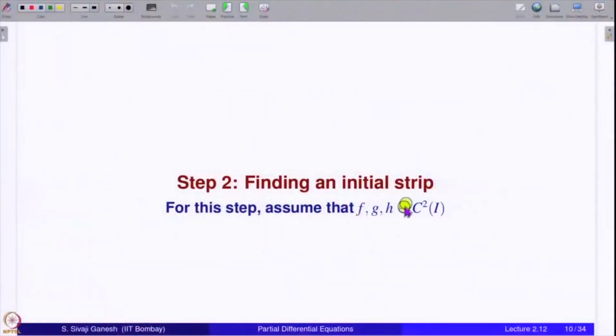Assuming F, G, H is C1 is somewhat reasonable, C2 is too much, it is not that reasonable, but this we are going to do only to derive an initial strip. Okay. We will see that. We will also see where we are going to need this C2.